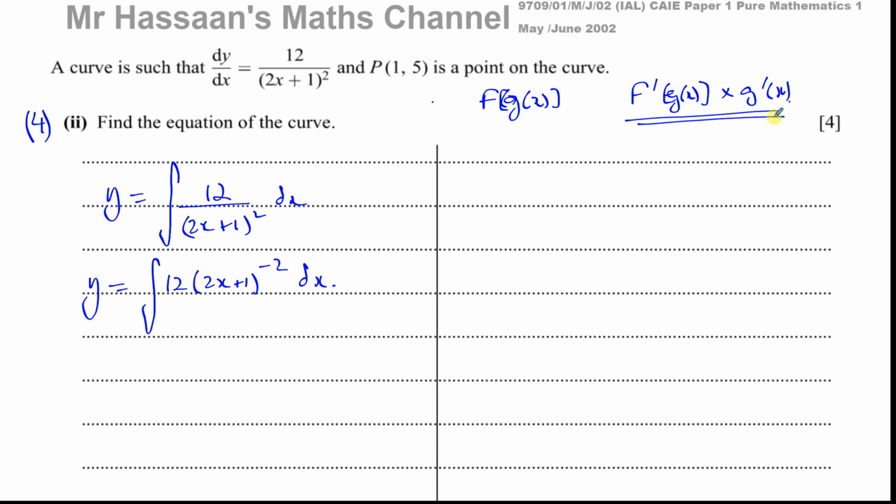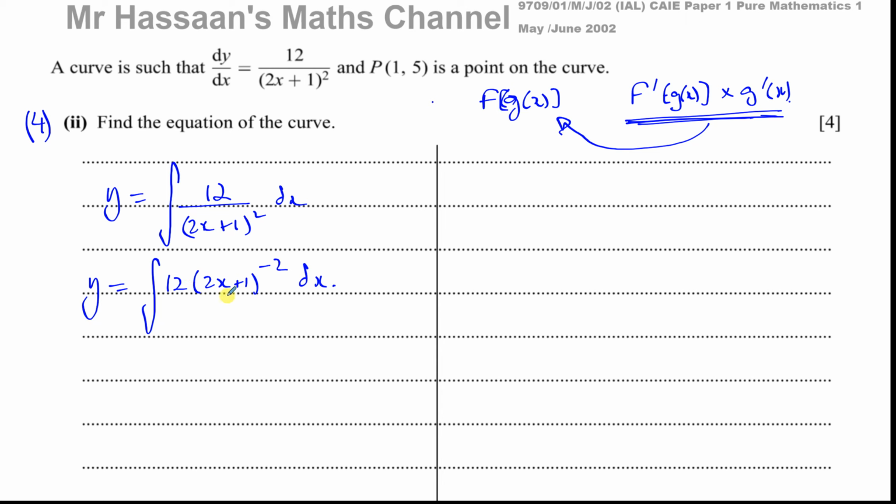So when you see something of this form, then you can reverse that. When something is multiplied by the differential of what's inside the function, then you can reverse the chain rule. So if you see here, outside this function is 12.